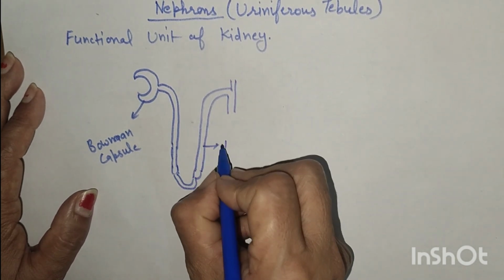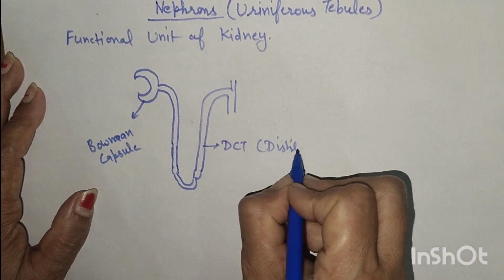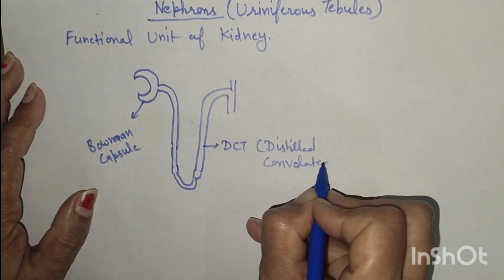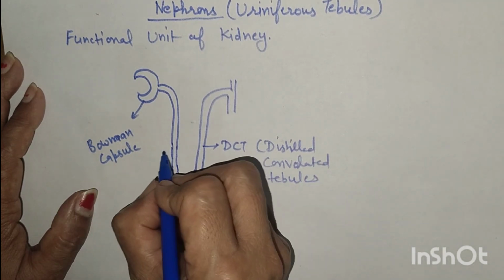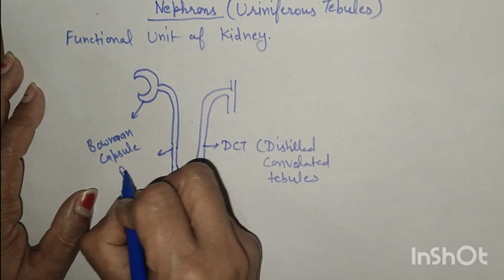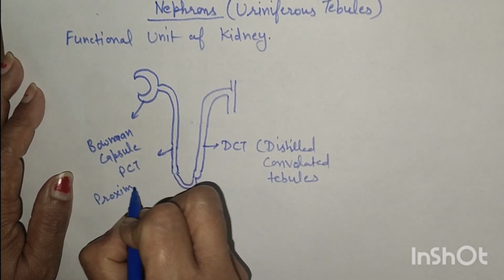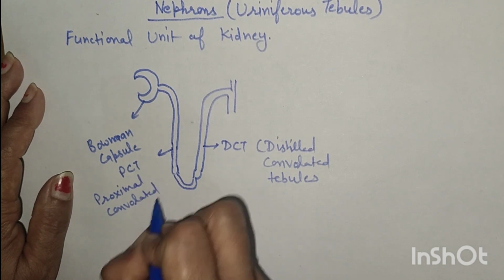This is called DCT, or distal convoluted tubules, and PCT, proximal convoluted tubules.